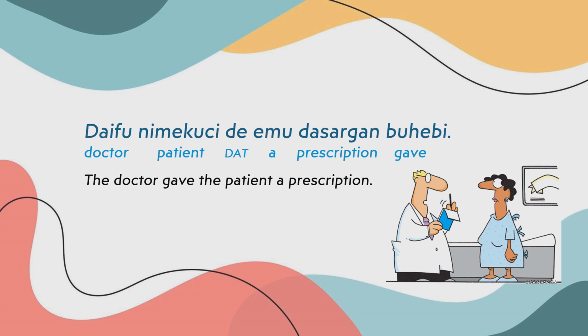And this is a transmission of a physical object, right? So here, the doctor is the subject, and the patient is what we call the indirect object. It is the recipient of this object. So we use de on it.